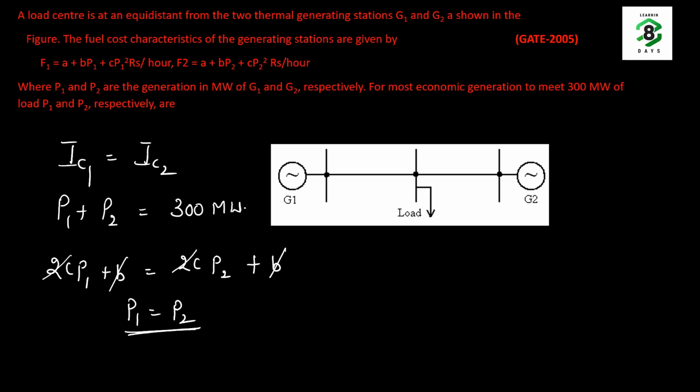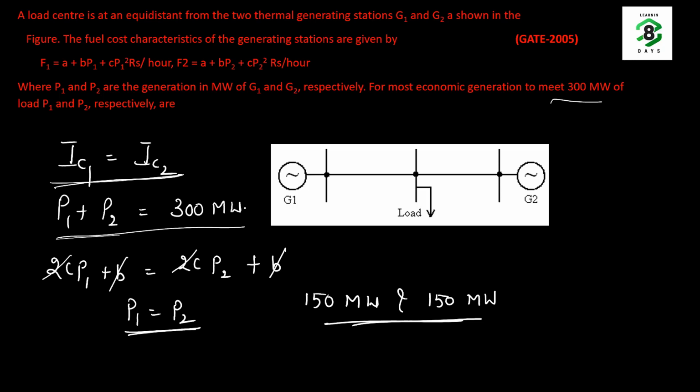So directly we can write 150 megawatt and 150 megawatt. Both generators will share 150 megawatt each because we have equated both incremental costs. And we know that P1 plus P2 is 300 megawatt.